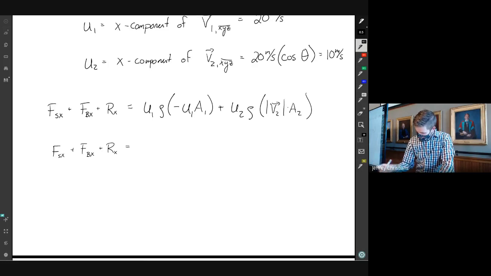So this is U1 squared rho A1 plus U2 rho, so this would be really the same, so we'll call this V2.